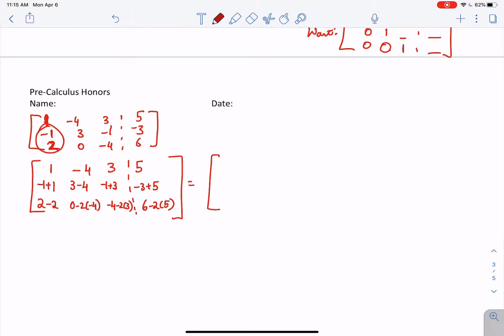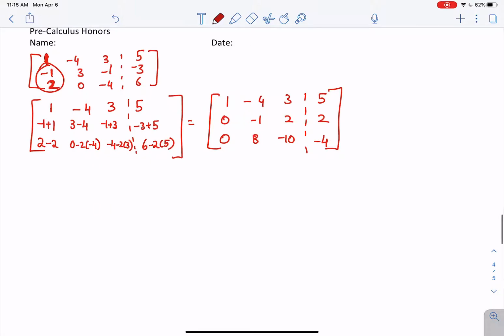So this is going to be 1, -4, 3, 5, 0, -1, 2, 2, 0, 8, -10, -4. So now we have the zeros on the bottom.